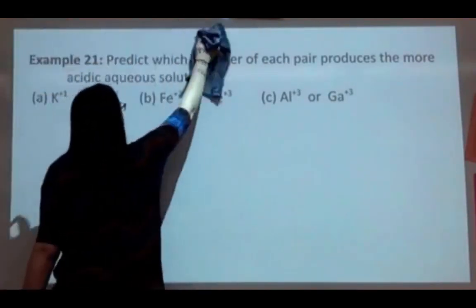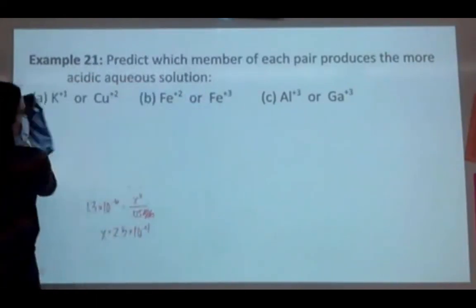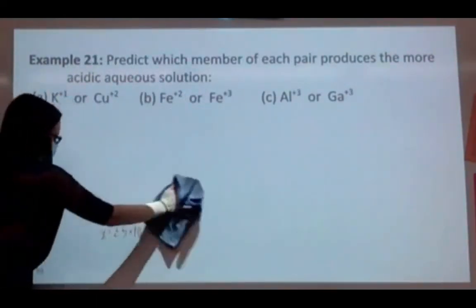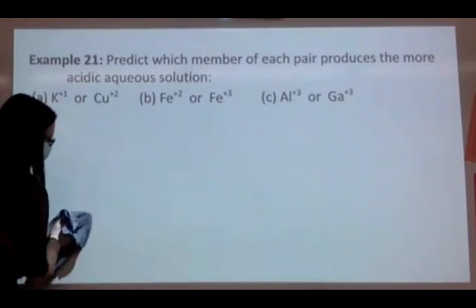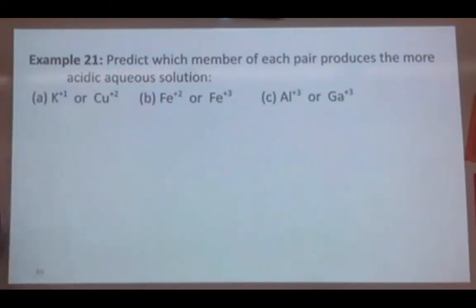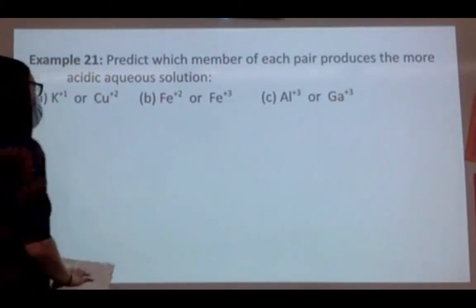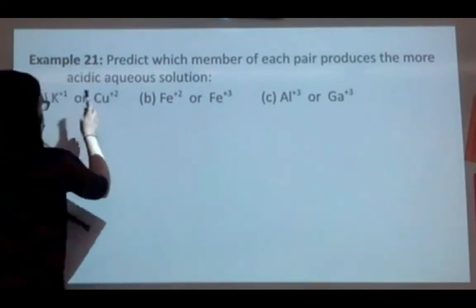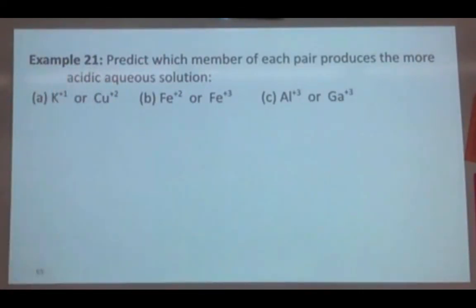Example 21 is actually looking at transition metals or just metal cations and looking at which would be more acidic. Example 21 says predict which member of each pair produces the more acidic aqueous solution. So we're just going to circle which in the pair produces the more acidic aqueous solution.